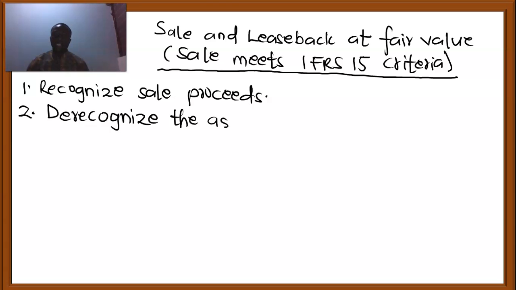So under normal circumstances, when you sell an asset, because you no longer own the asset, you are going to take it off from your books. That is, you are going to derecognize the asset.